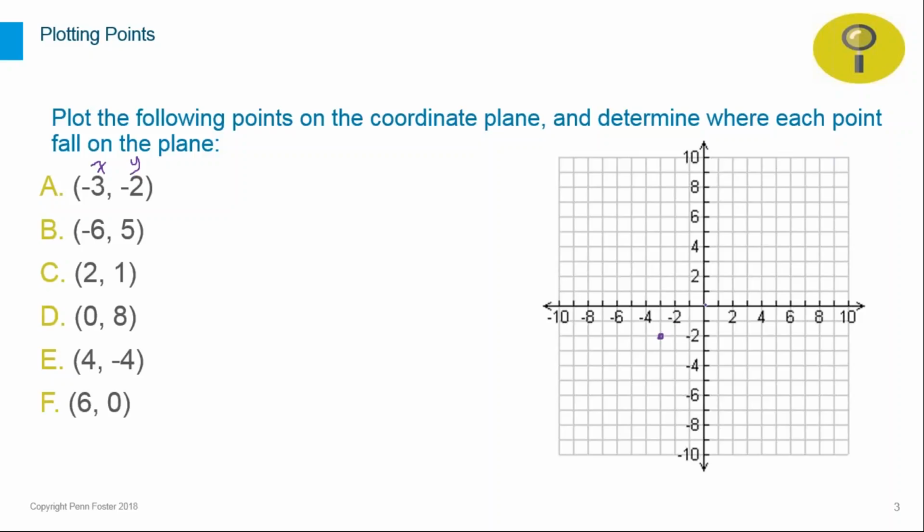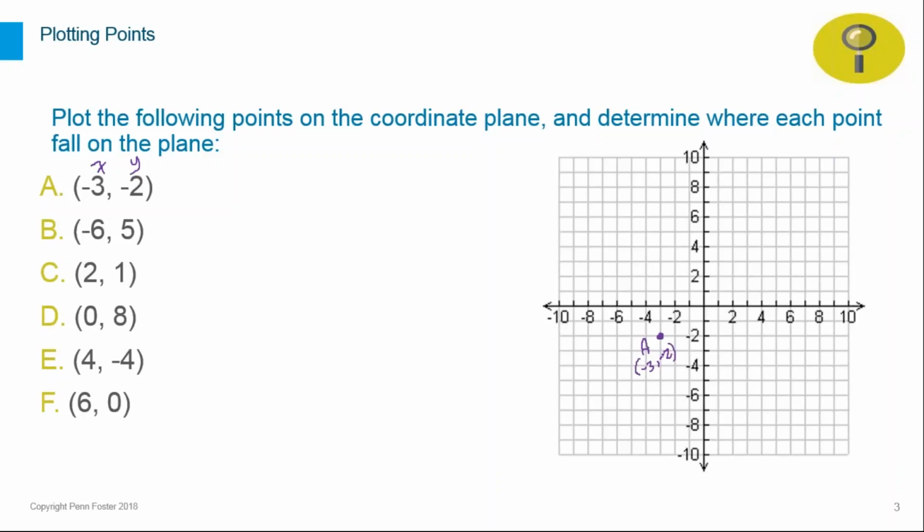So again, from the origin, on the x-axis, we went 3 units to the left because it's a -3. And then for the y-coordinate, we went 2 units down because it's a -2 for the y-coordinate. That will make us put that point here, marking this as point A. So this is A, and it's (-3, -2).